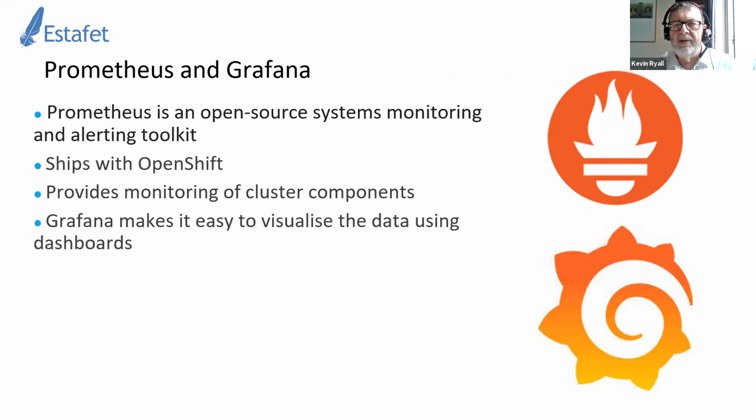And in this next section of the labs, you will see how Prometheus and Grafana can be used to monitor the components in a cluster and visualize your data running around your containerized application using dashboards.